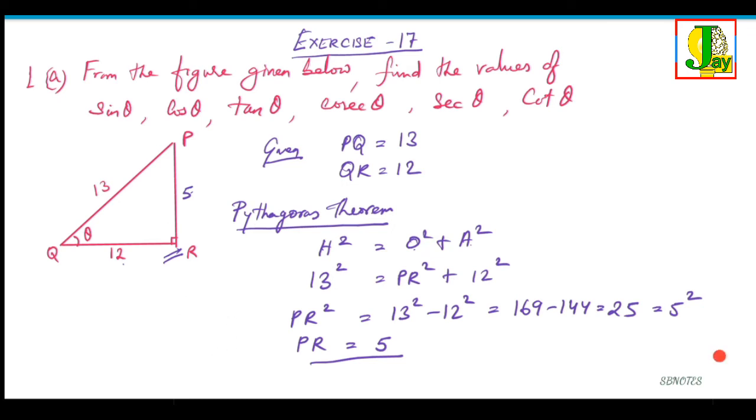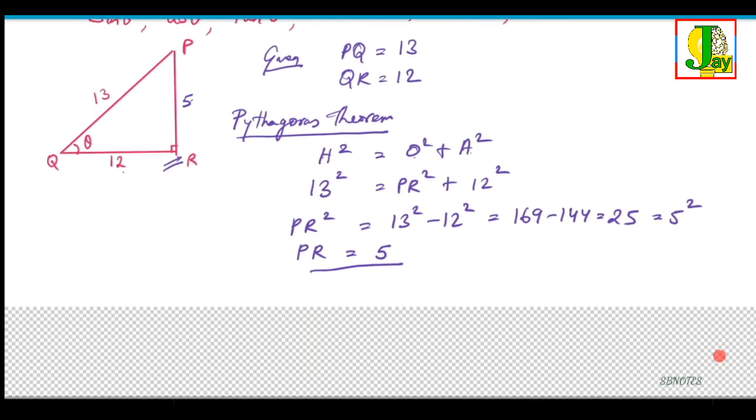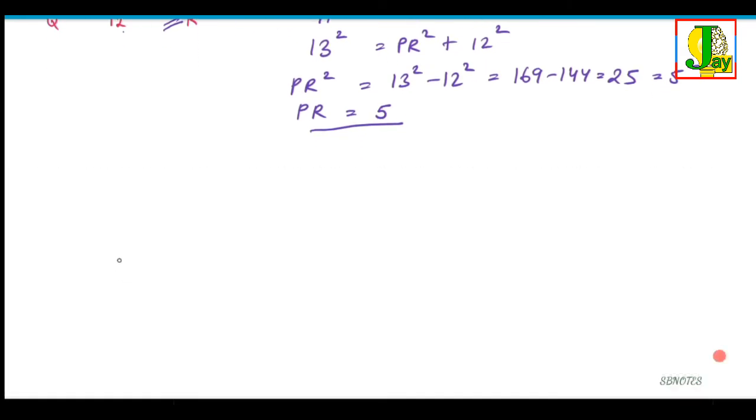So let's say sine theta equals to opposite by hypotenuse. Our opposite, now we have got it 5 and hypotenuse is given 13. Then we have cos theta equals to adjacent by hypotenuse, that's 12 by 13.